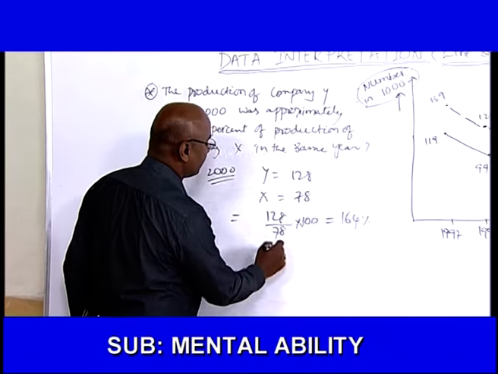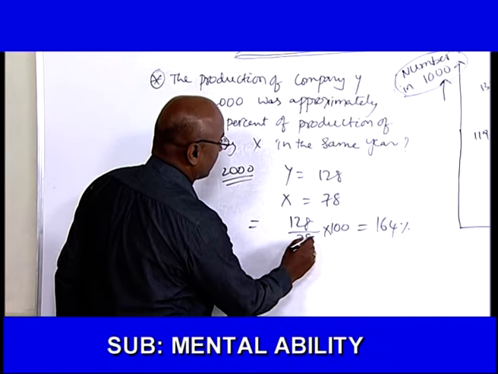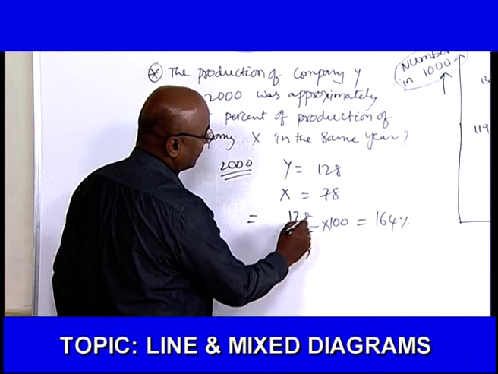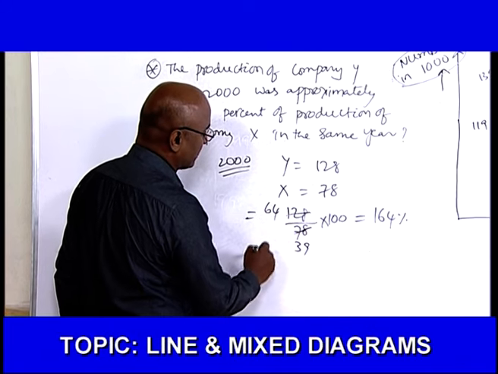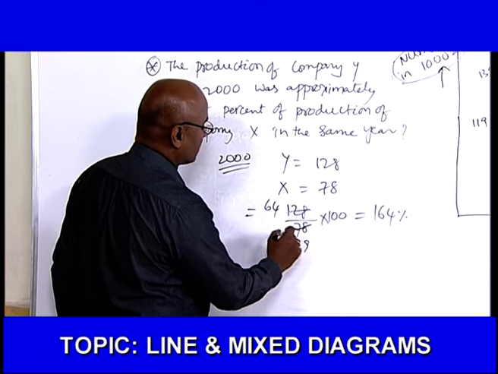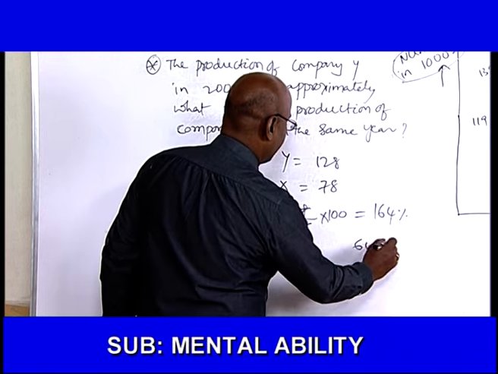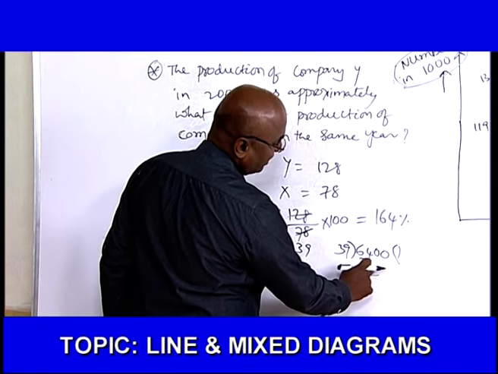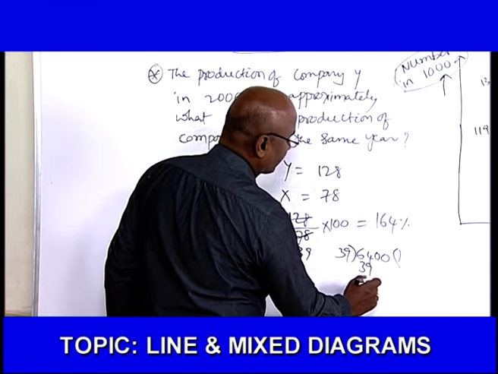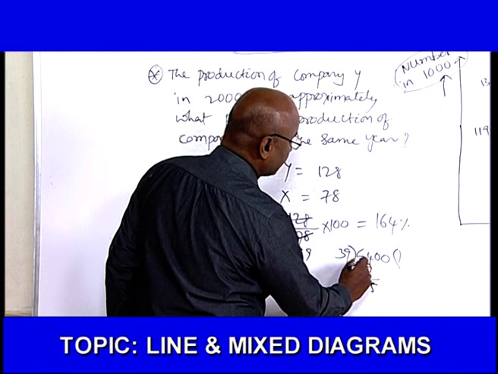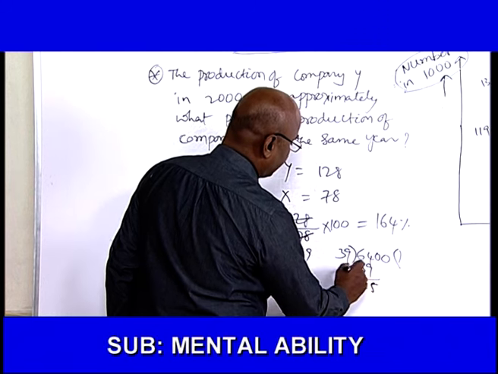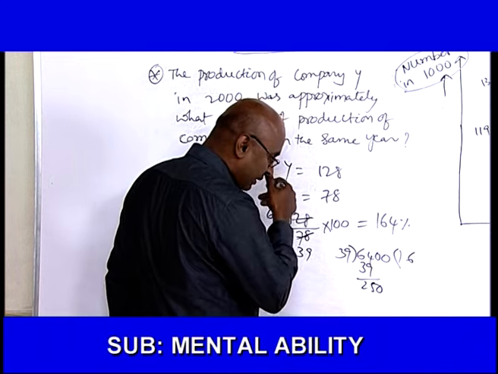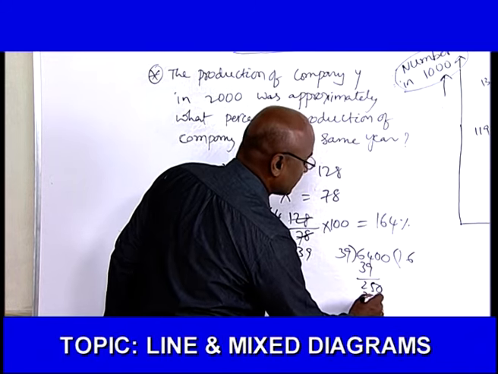So 128 by 78, so 2 3s are 6 and 2 9s are 18. 2 6s and 2 4s, that is equal to 64 by 39. So 6,400 by 39: 39 ones are 39, and 14 minus 9 is 5. 5 minus 3 is 2 and 0. 39 6s are 234.